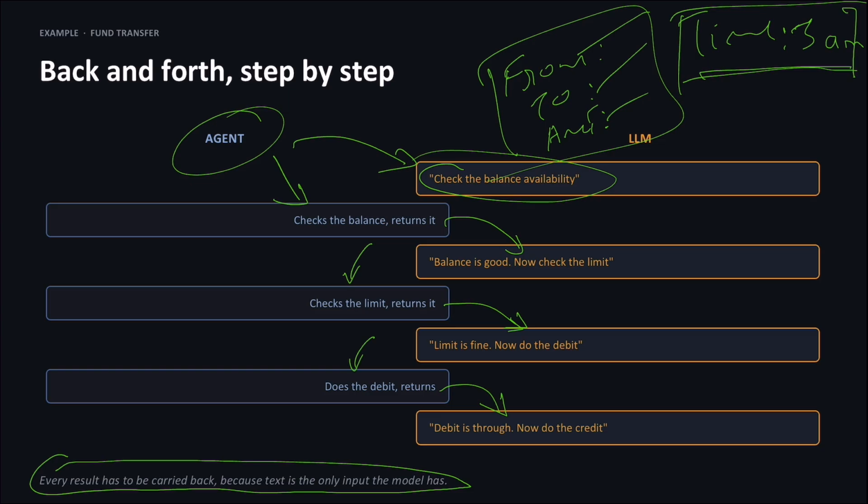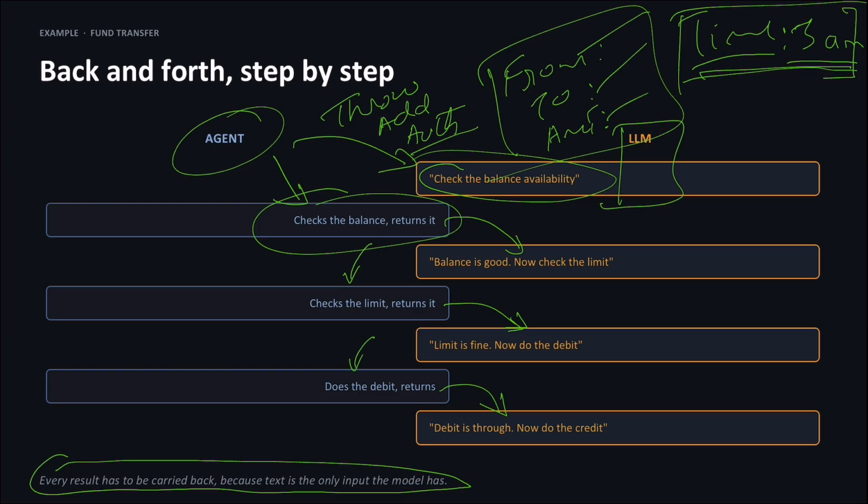This relates to a fraud check example, but I'm just taking this here so that you can understand that one of the parameters, that this transaction is trying to get executed at 3 a.m. in the morning, the reasoning model can actually catch. The LLM can catch this and see that this is something suspicious, and it can add an additional step over here, before the check balance even starts, to throw additional authentication to the customer.